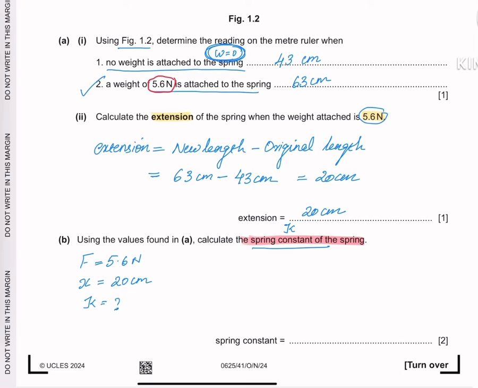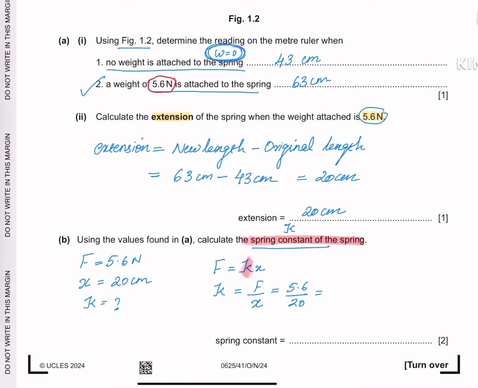Here we can use Hooke's law equation, that is F equals Kx. In order to calculate spring constant K, we can make K the subject. So the equation becomes K equals force over extension, where force is 5.6 divided by extension 20.